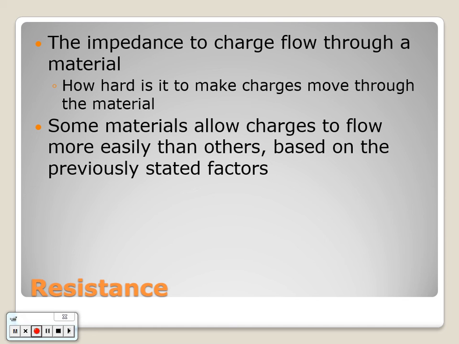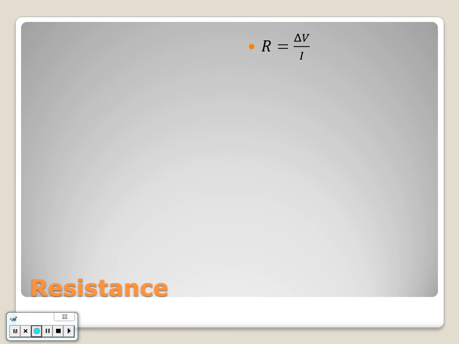Figuring out the resistance of something depends on comparing two factors. And those two factors are voltage versus current. Okay? So if you go down to letter F down at the bottom, the resistance is a relationship between delta V, which is voltage, divided by the current, which is I. Delta V over I, or if you want to actually write out voltage divided by current, you can do that too.